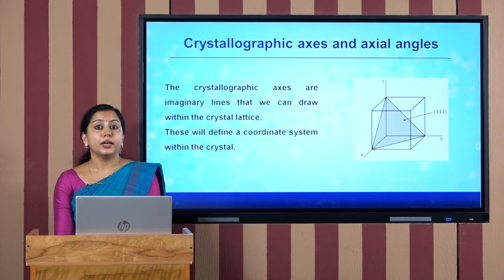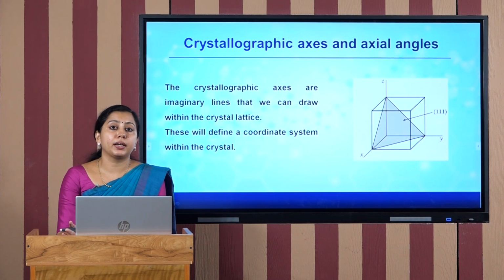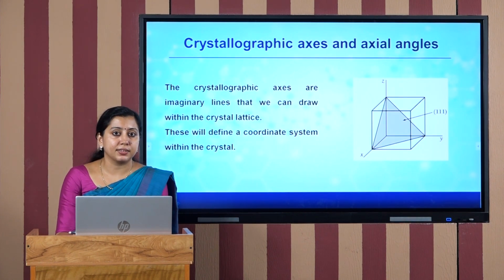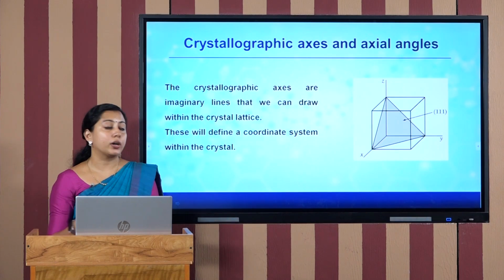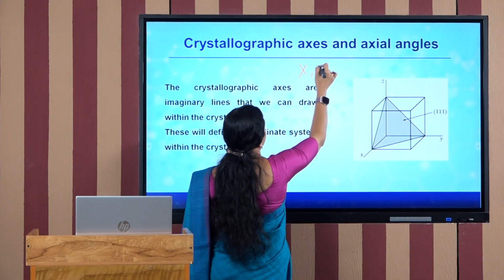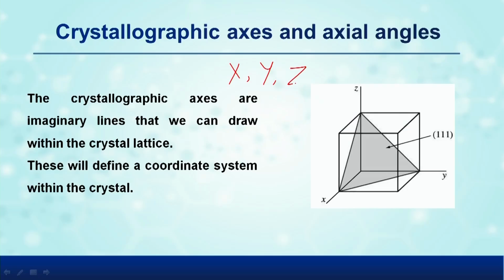Now, in order to define the geometrical form of a crystal, we generally need three coordinate axes. Such coordinate axes are generally represented as x, y and z, and these are called the crystallographic axes.